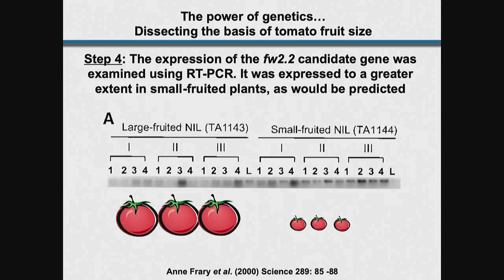This is again in the F2 generation, in the large fruited versus the small fruited plants, all right? So everything is matching up, and now they're looking at the expression of this candidate gene, and they're finding lower expression in large fruited plants, higher expression in small fruited plants, as you can see here, in their RT-PCR investigation, all right?